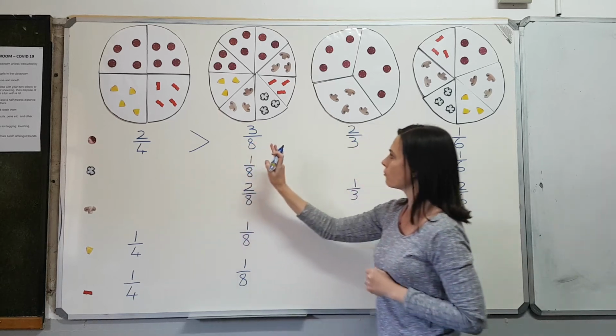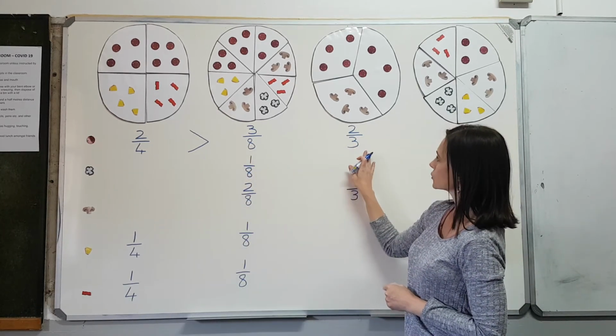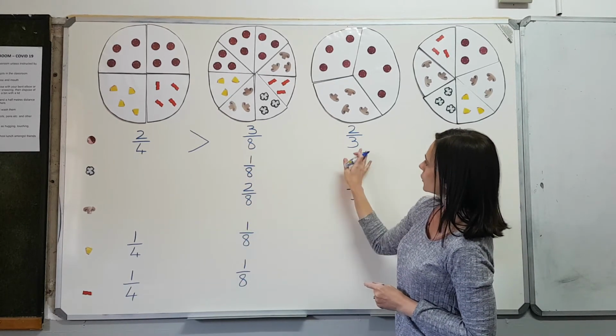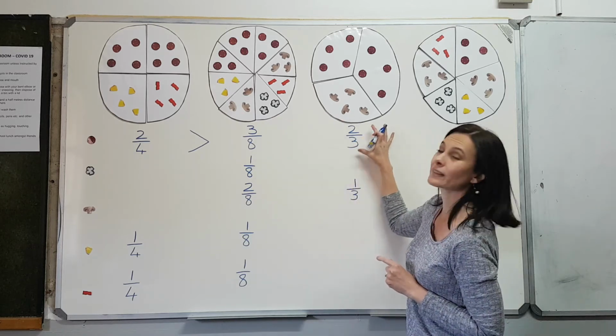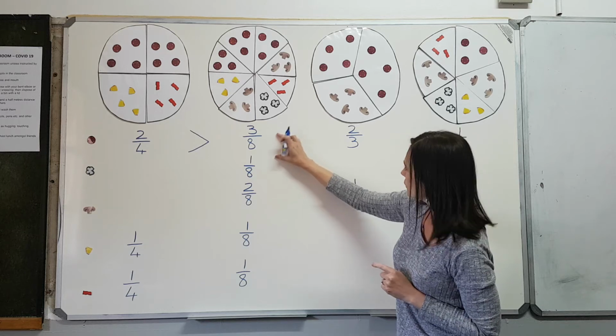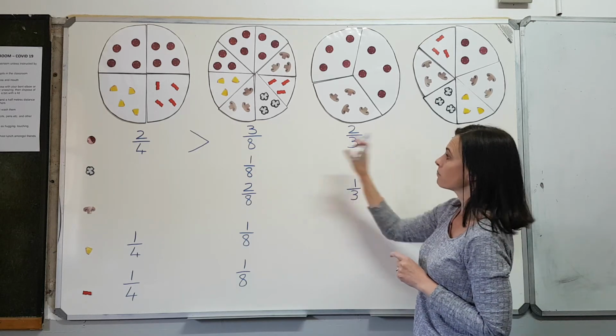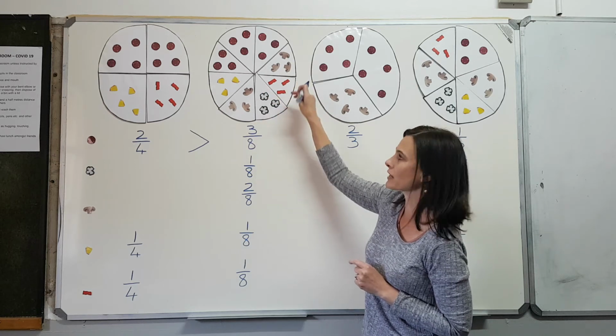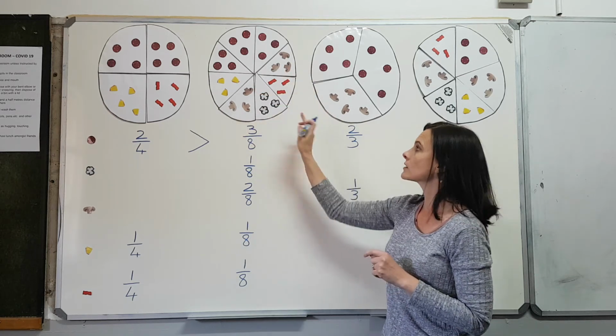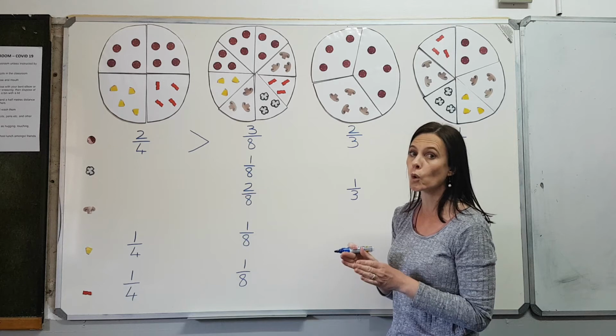Now we're going to compare this fraction with this one. Which one do you think is the biggest? Now remember I said, don't really look at the numbers. I know these numbers are bigger than this one, but because there are so many slices, and I've cut it into 8 slices, the slices are becoming smaller.